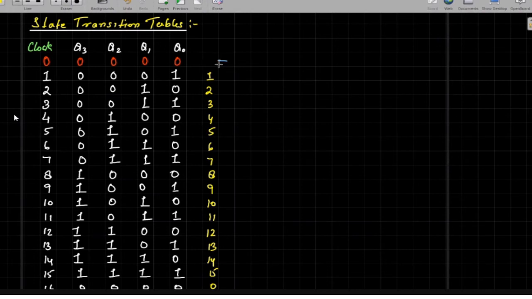In this manner, by following this counting sequence, this is also known as a mod 16 counter, a mod 16 synchronous counter. And because this is counting in an upward fashion, you will write it as an up counter.